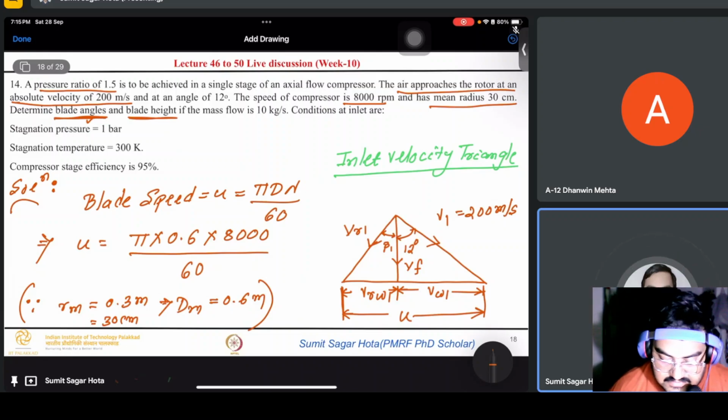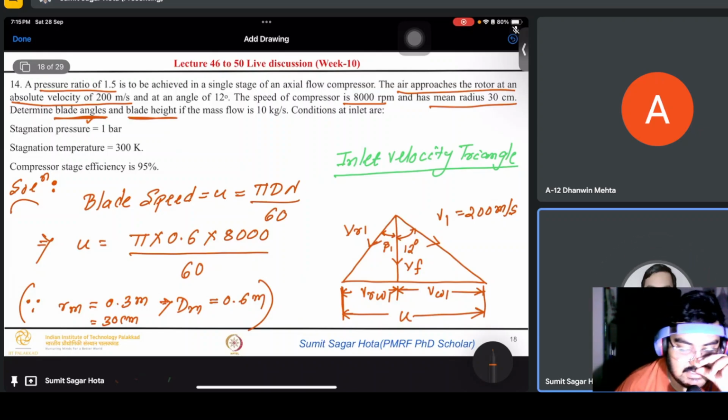If d2 and d1 terms are there, that means we need to find out the mass flow rate. Why? Because in the mass flow rate the rho A V term will come, and from that area term we can calculate. Area is pi by 4 into d2 square minus d1 square.